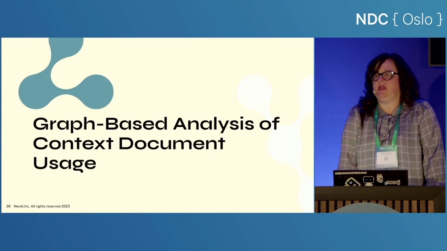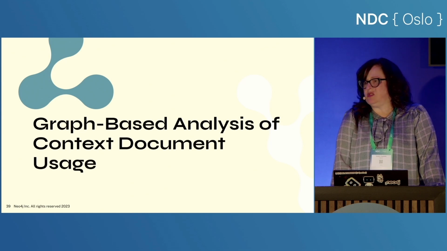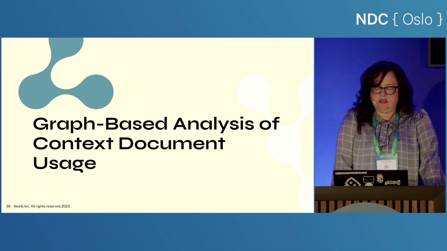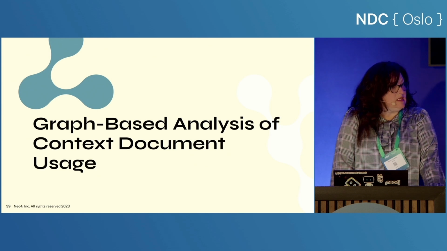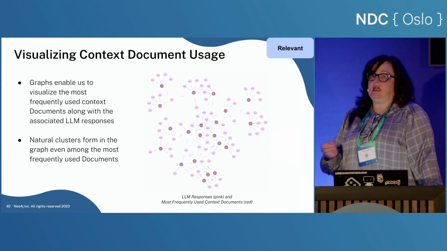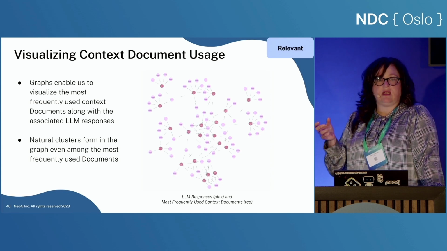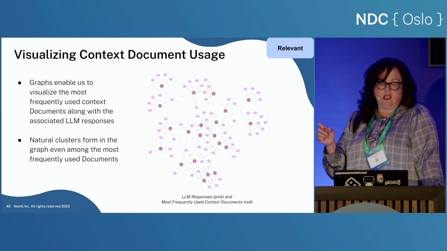So what does it mean to have all these items, and how can we actually get better at using this graph-based analysis of these context documents? Like we said before, in each conversation and in each message, there is a context document attachment based on that use.